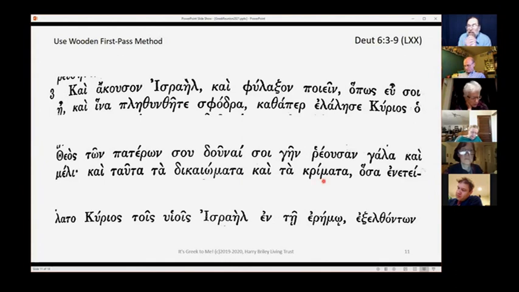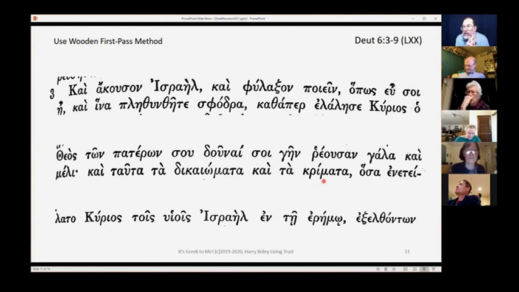Somebody got cremated? I know what the word is. That's a possibility, but that's not what the word means. It comes from crimea, from krim or crime. Anyone remember what that root is? Judge.